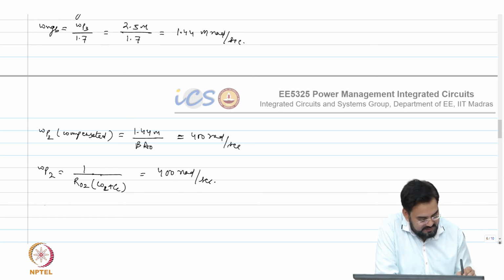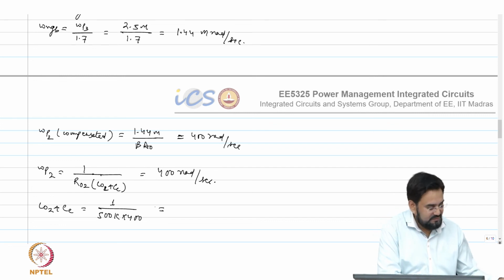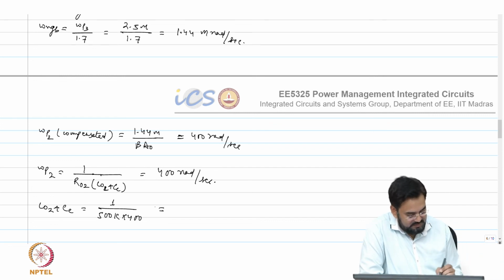So we need to find CO2 plus CC equal to 1 over 500K multiplied by 4. So this becomes 1 over 2 multiplied by 1, 2, 3, 4, 7, 8.